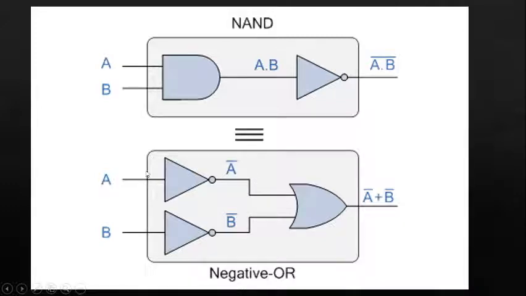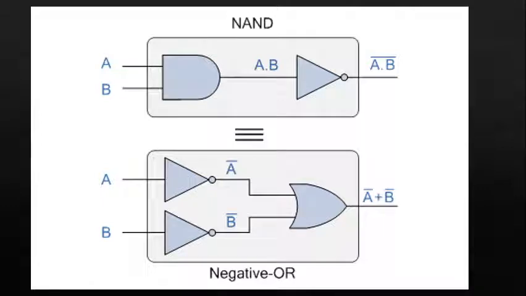So ang imo nga input A, since may inverter siya before sa imo nga logic gate nga OR, naghimo na siya nga A bar or complement sa A, and nato niya B, naghimo na siya B bar or ang complement sa B. So A bar plus B bar, that's why nag-negative OR siya.